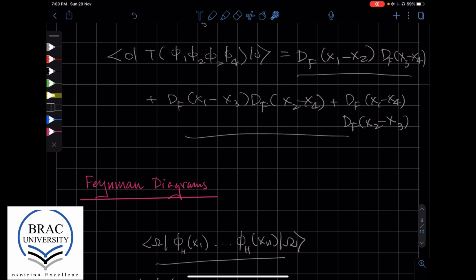If you look at this result, we see that we have a Feynman propagator going from the space-time point x1 to x2. Remember that we had an interpretation of the Feynman propagator as the amplitude of a particle being created either at x1 and propagating to the point x2 and being absorbed there, or vice versa. And similarly for this.